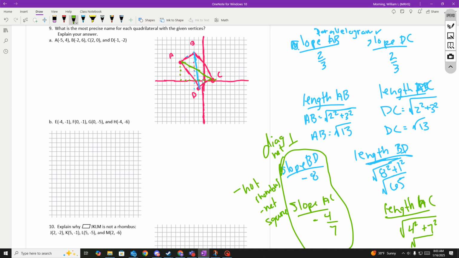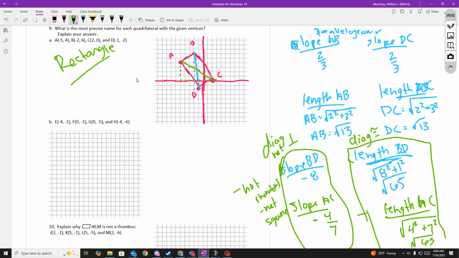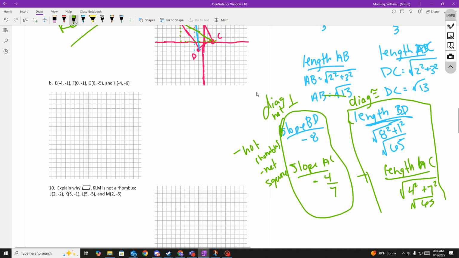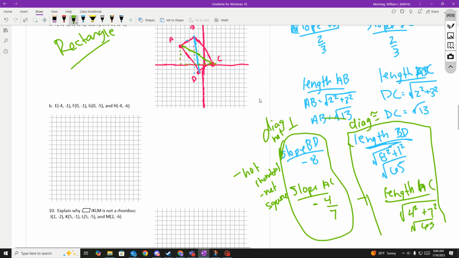So that's 16 plus 49, that's 65. So the length of AC and the length of BD, which are the diagonals, are the same. So diagonals congruent. If the diagonals are congruent, it's a rectangle. It's a parallelogram, not a rhombus or a square, because the diagonals are not perpendicular, but the diagonals are congruent, so it is a rectangle.